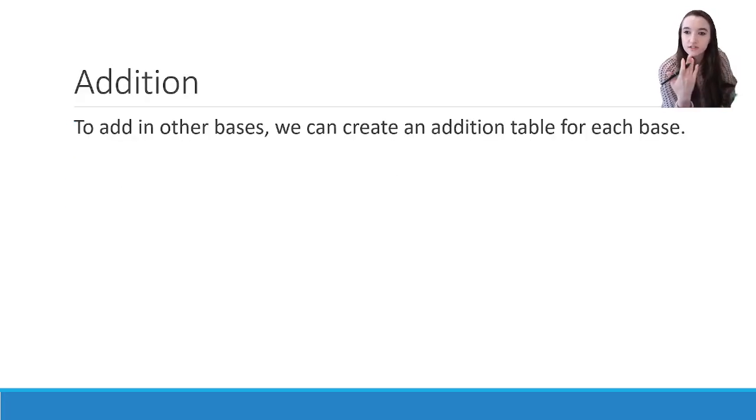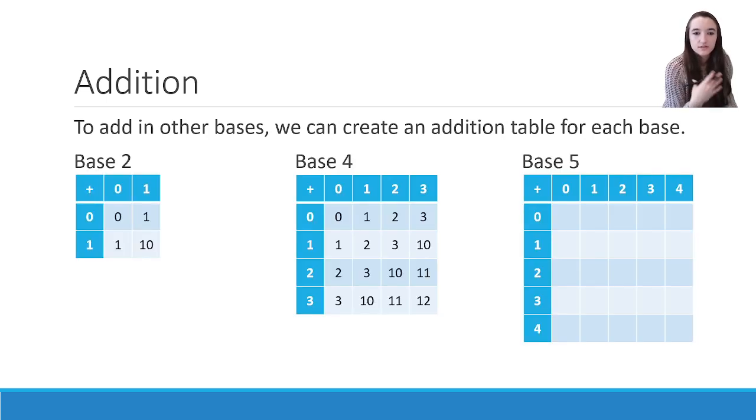So we'll start with addition, the easiest one. To add in other bases, we can create an addition table for each base. So in base 2, for example, we're going to have to do a lot of conversion to create these tables. 0 plus 0 is still 0, 0 plus 1 is still 1. But 1 plus 1, yes, that's 2, but what is 2 in base 2?